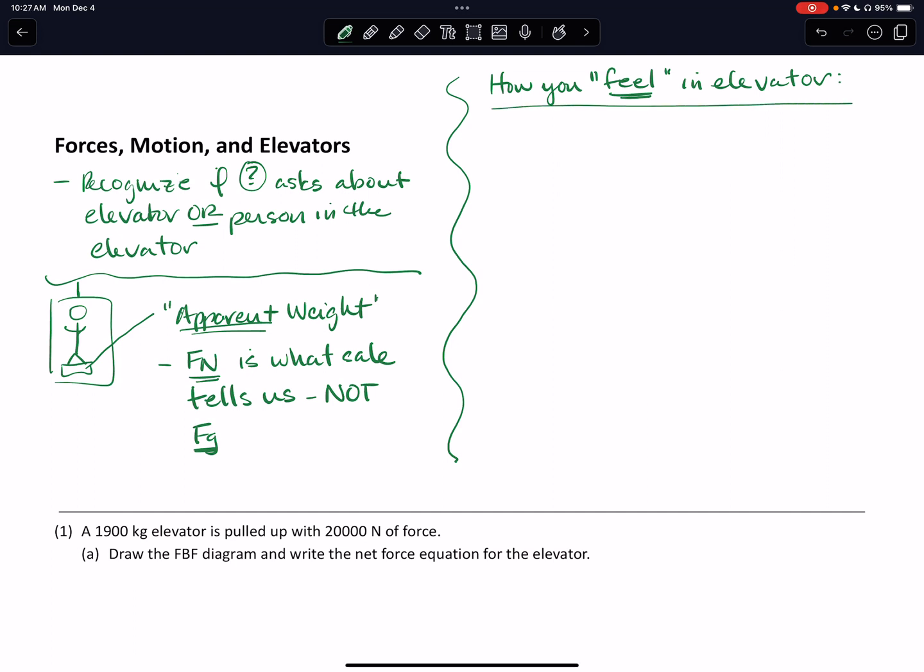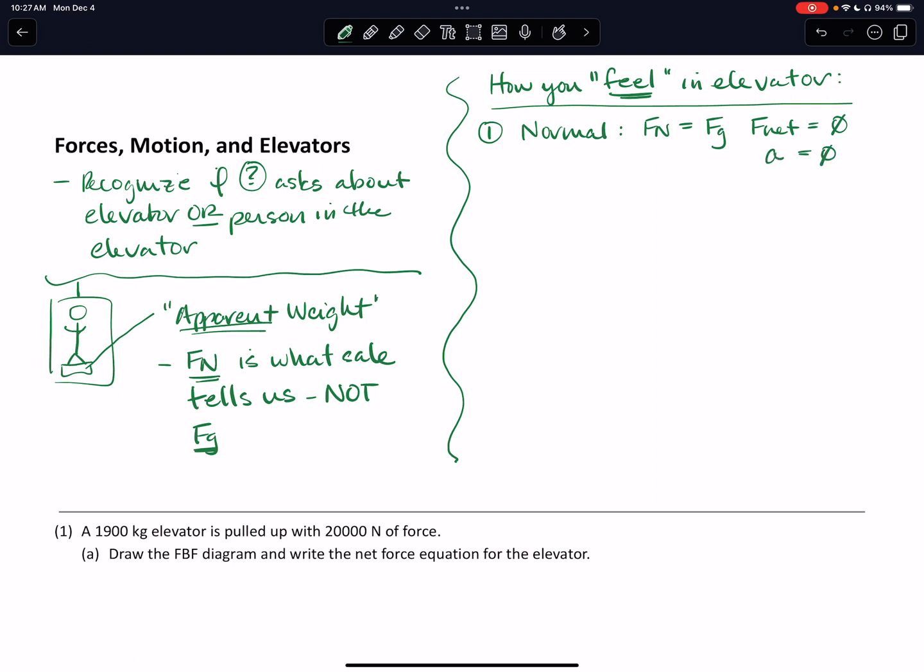So you really have three choices. The first choice is normal. You feel just like you do if you were just standing anywhere. That happens when our normal force is equal to our gravitational force. And when that occurs, then the net force acting on you in that elevator is going to be equal to zero. And if F net is equal to zero, we know based on Newton's second law that the acceleration must also be zero.